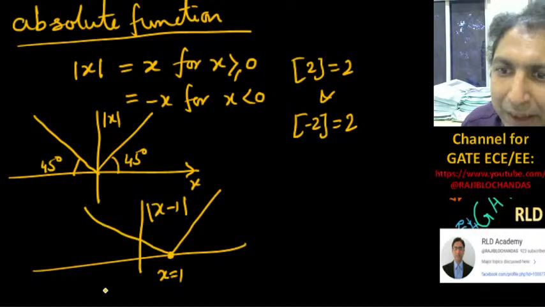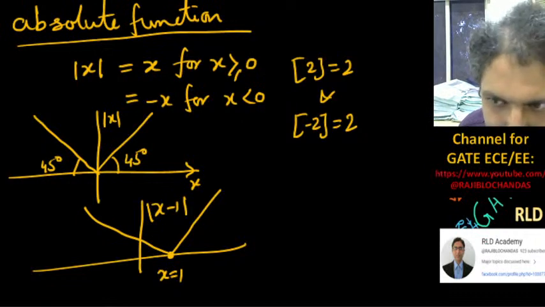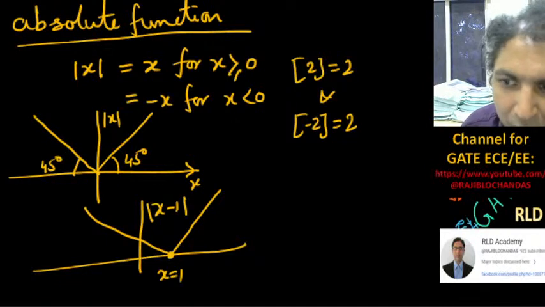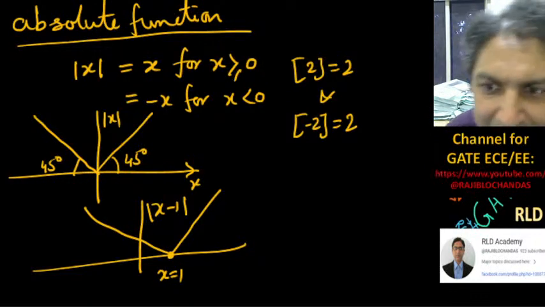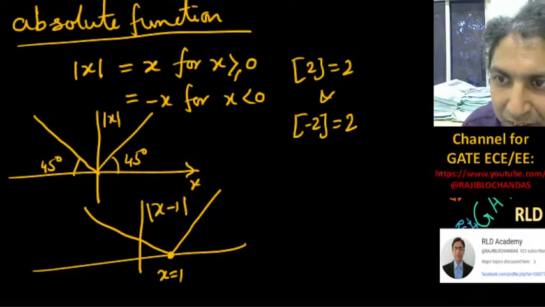Its meaning is that this mod x is shifted to the right by 1 unit. Very easily we can draw this mod of x minus 1, or x minus alpha. These are very easy things. So this is one thing, the absolute function.